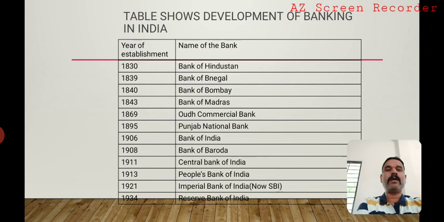Then Bank of Bengal 1839, Bank of Bombay 1840, Bank of Madras 1843, then 1869 Oudh Commercial Bank, 1895 Punjab National Bank, 1906 Bank of India, 1908 Bank of Baroda, 1911 Central Bank of India, 1913 People's Bank of India, 1921 Imperial Bank of India, now called SBI, then 1934 Reserve Bank of India. In 1935 the Reserve Bank actually started work.